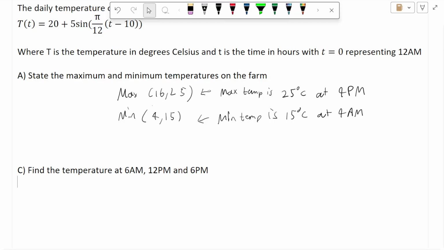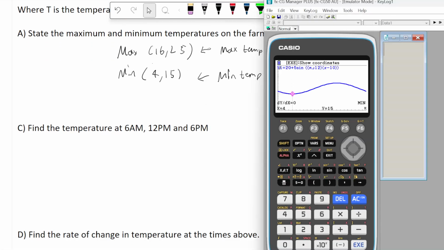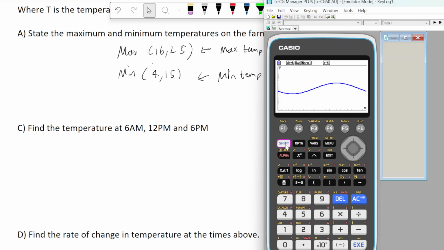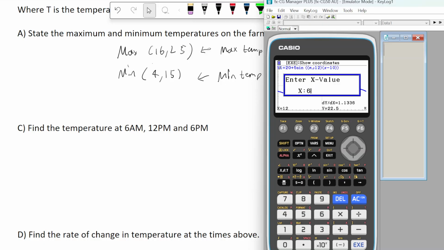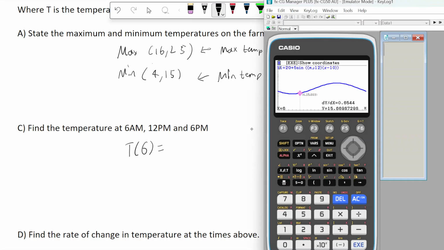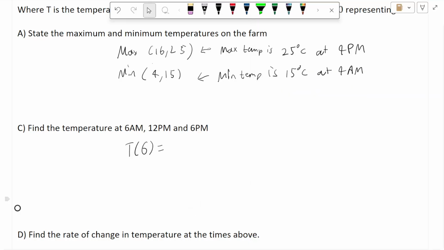Find the temperature at each of those times. So this is where we just use trace on the calculator. So we're going to go shift trace, and then we're going to type 6 for 6 a.m. So I'm going to, notation wise, say that T of 6 is, and then it's this number, 15.7. Now I'm going to give 3 significant figures here just because SACE exams tend to like that.